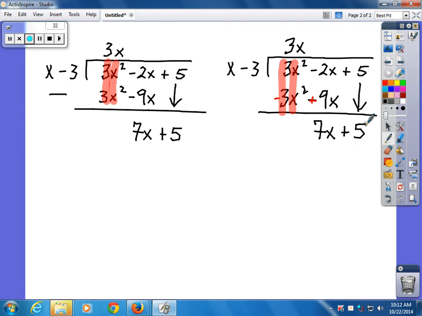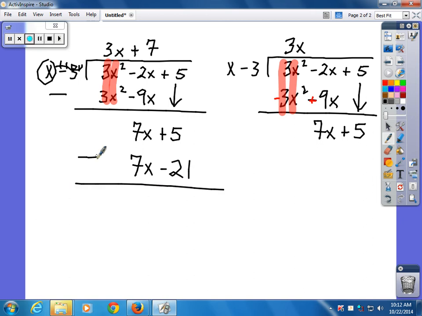And then you finish it by saying, how many times will x go into 7x? Plus 7 times. 7 times x is 7x. And 7 times negative 3 is what? Negative 21.